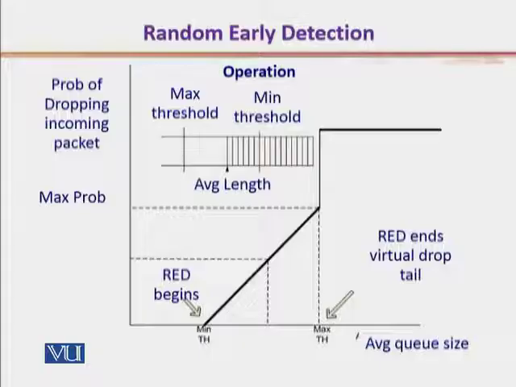This linear relationship is bounded by the minimum threshold, that is, RED is going to be activated when the buffer occupancy reaches a lower threshold, and then the probability of packet drop increases linearly, and it goes up to a maximum threshold. After the maximum threshold is reached, it means the buffer is now in a state of complete overflow, and there the probability of packet drop immediately overshoots to 1.